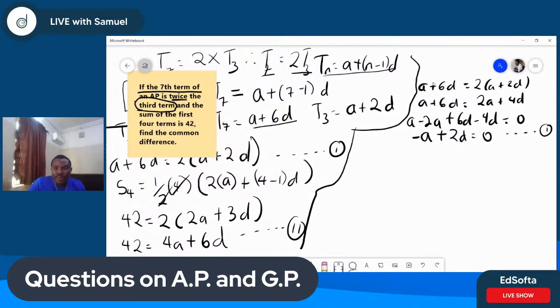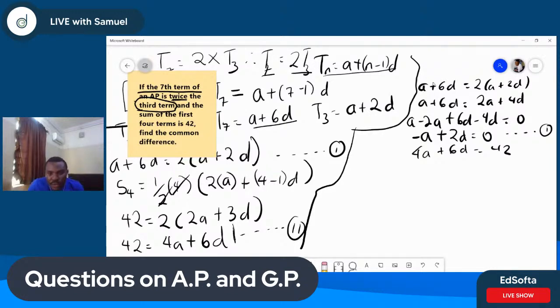While we also have 4A plus 6D is equals to 42 from this equation down here. So now, there are 2 ways you can solve a simultaneous equation. We can either use the substitution method, or we use whatever method we like. But let's go with the substitution method. So how do we do it?